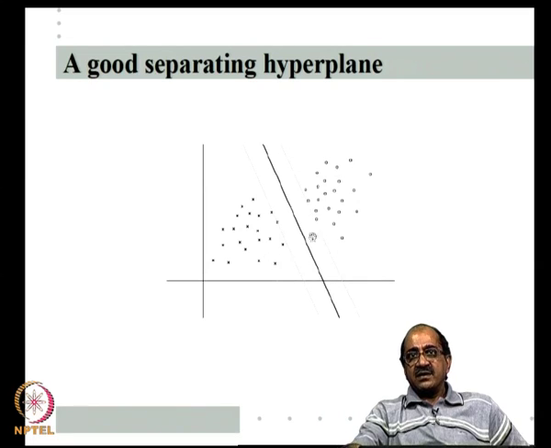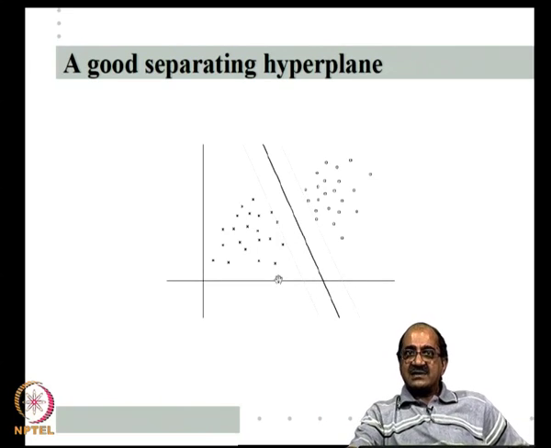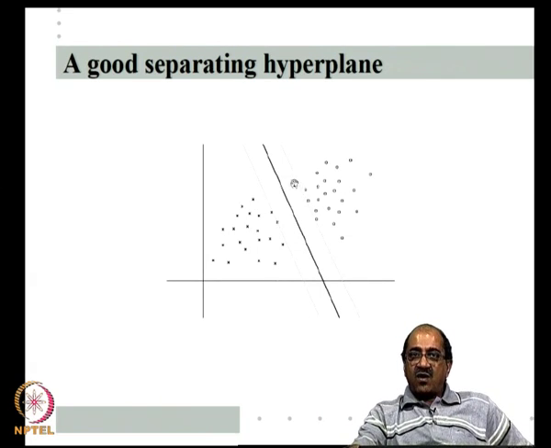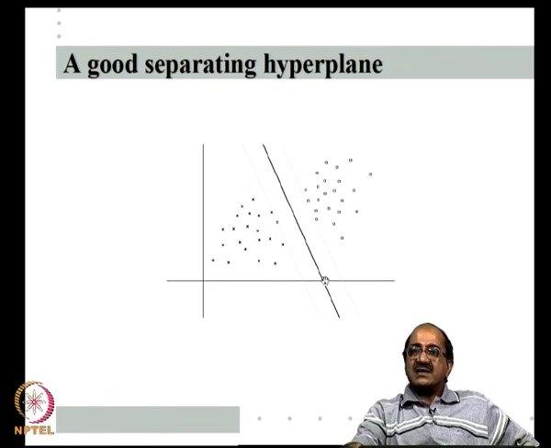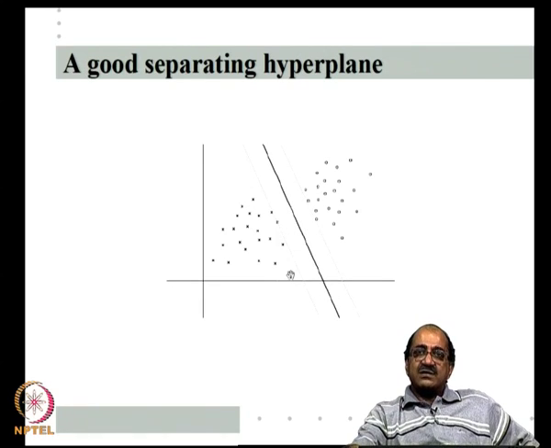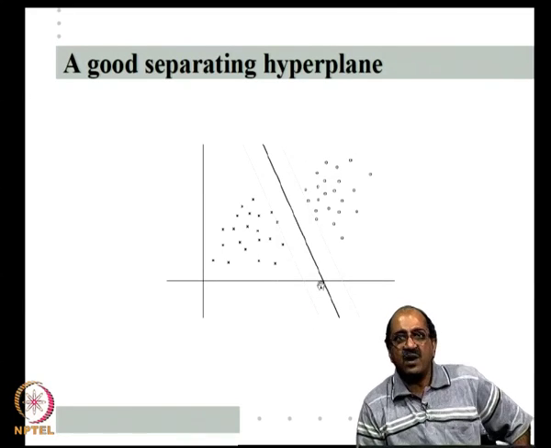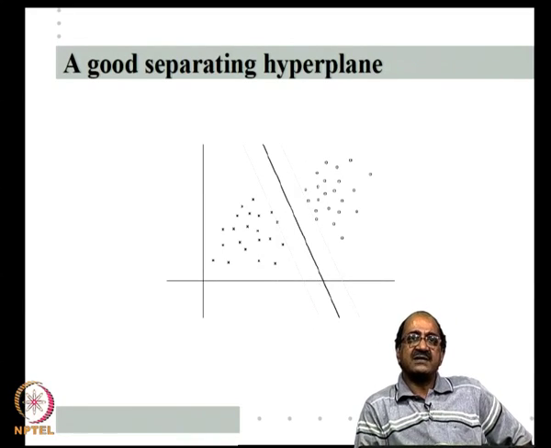This hyperplane is keeping itself as far away from both side patterns as possible, and hence getting a lot of what we will ultimately call the margin of separation. So, on either side of the hyperplane, the patterns are sufficiently far away, and that gives me some intuitive feel that this might be a better hyperplane. This is one intuitive way of thinking about a good hyperplane.